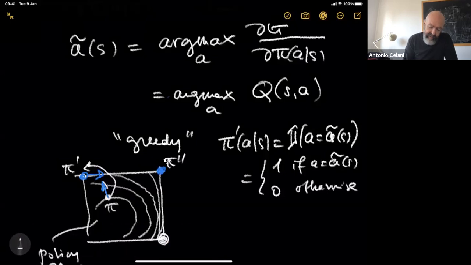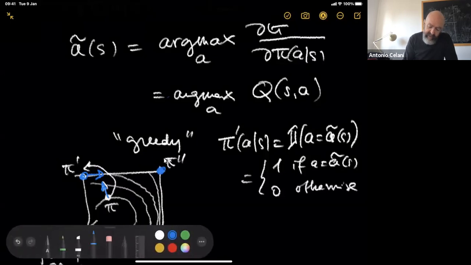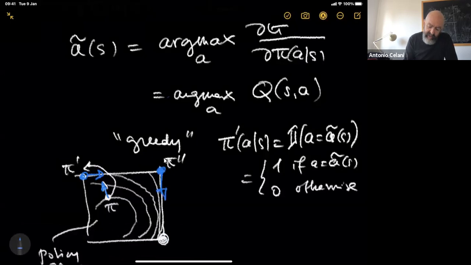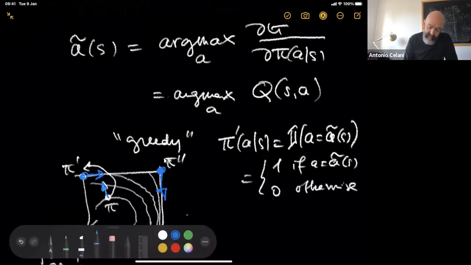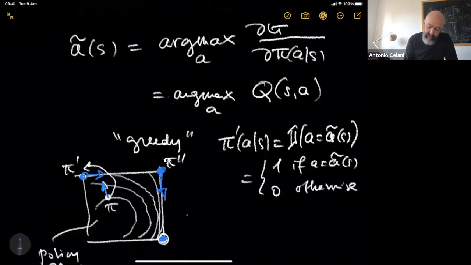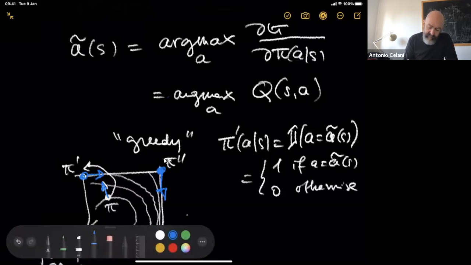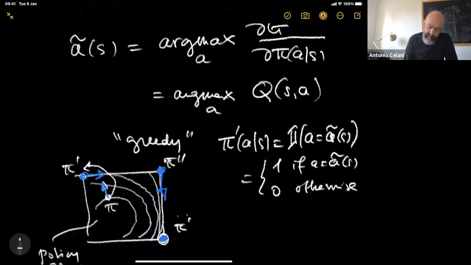If I compute the gradient here, my third guess will send me here, and if I follow the gradient, I will end up here, which eventually will be my maximum. So in this sketch, starting from a point pi, I have made 3 steps to get the maximum.